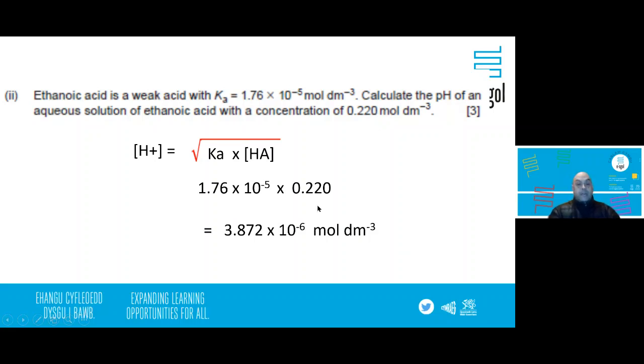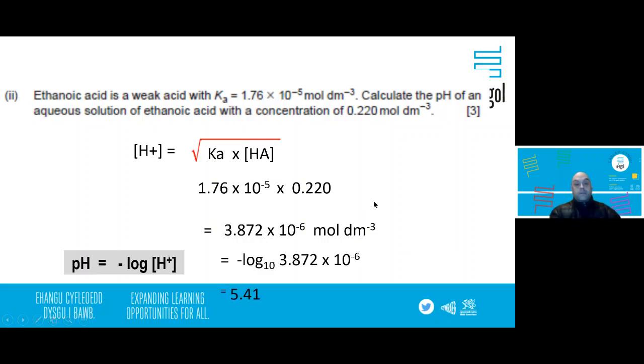And that gives me a concentration of hydrogen ions there. And then all I do is minus log base 10 that. And what I get is a pH of 5.41, which is sensible, right? It's below 7. That's always a good thing. If your pH comes above 7, you've done something wrong.